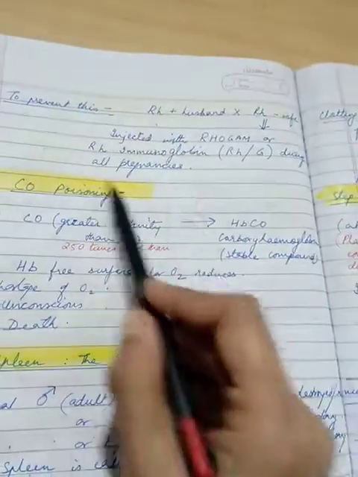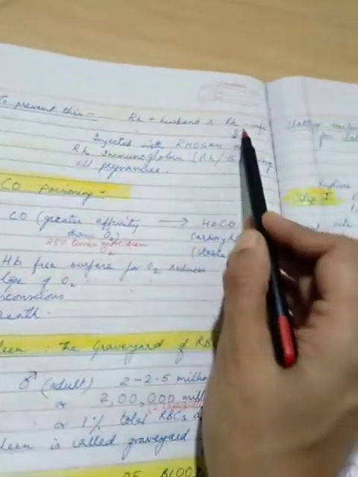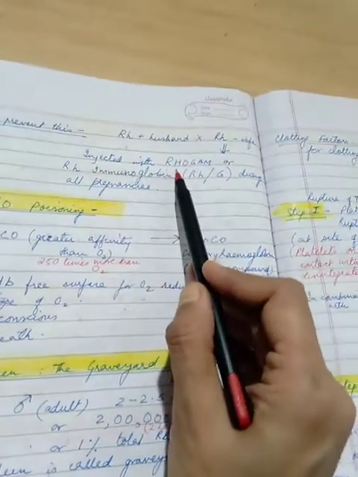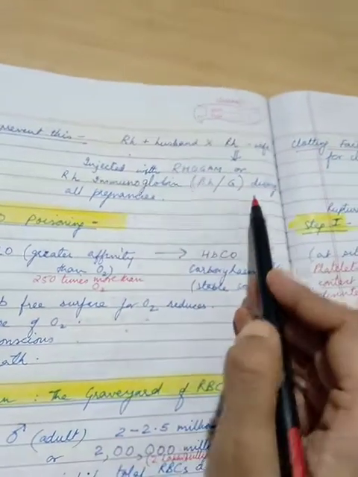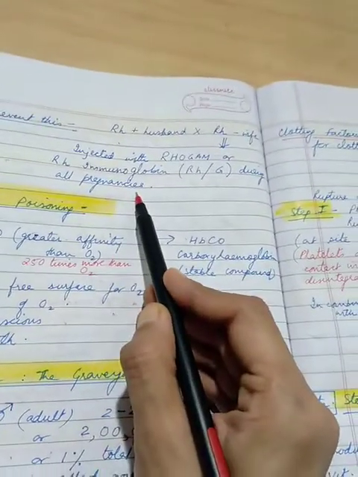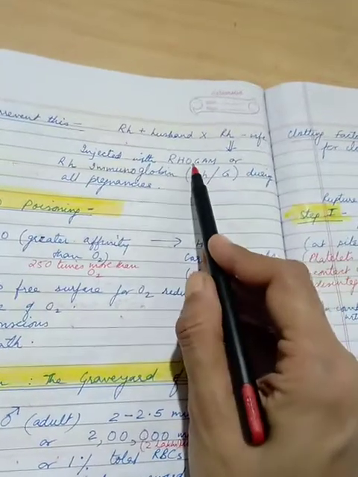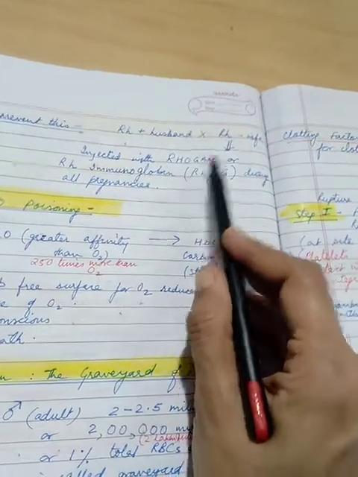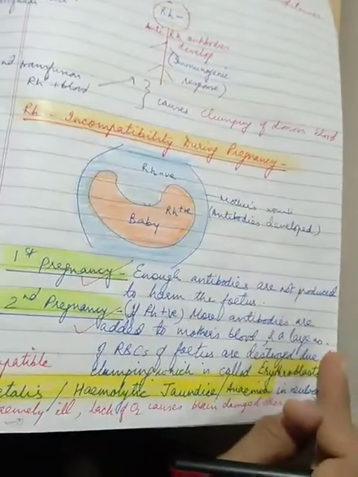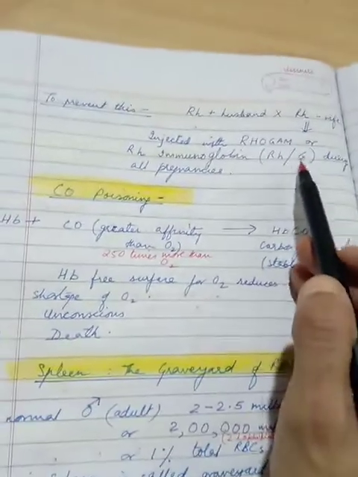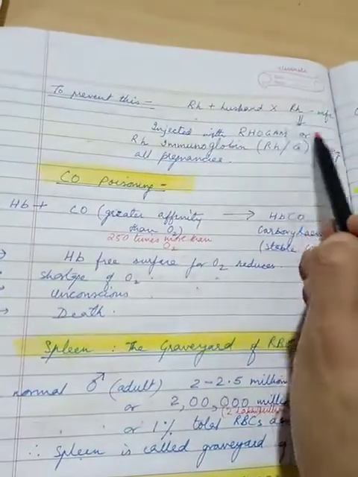In this type of union, the mother is injected with RhoGAM or Rh immunoglobulin, which is given in all such pregnancies, right? This is injected in the mother's blood so as to avoid erythroblastosis fetalis. Alright, this can happen only in unaware people, because nowadays technical advancement is so much that this can be controlled with awareness.